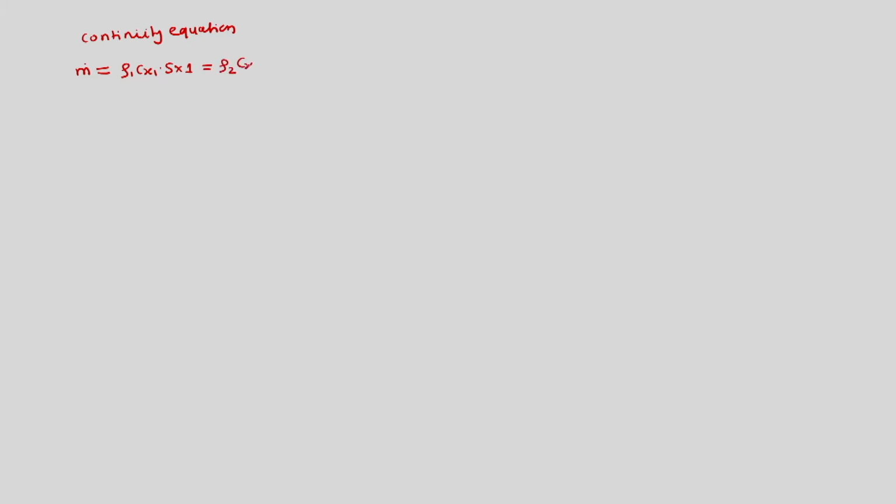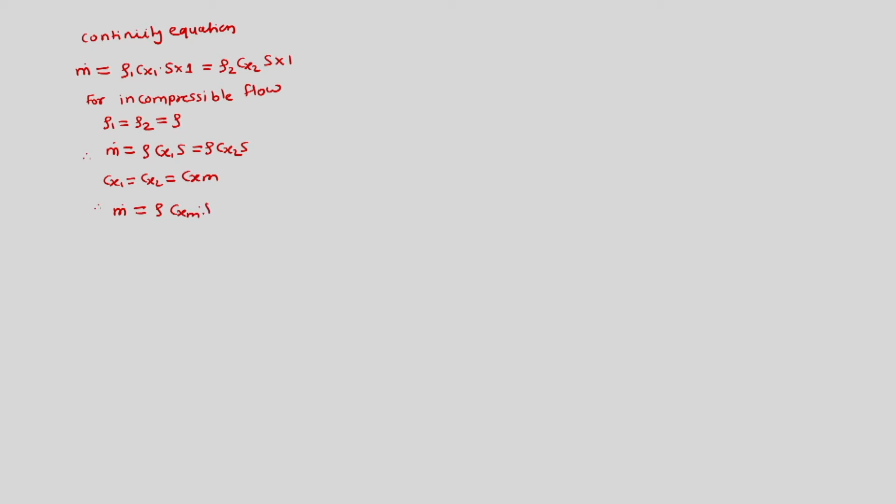Similarly, we have rho 2 Cx2 into S into 1. For incompressible flow, rho 1 is equal to rho 2 is equal to rho. So, m dot is equal to rho Cx1 S is equal to rho Cx2 S. So, Cx1 is equal to Cx2 is equal to Cxm, and m dot is equal to rho Cxm S.